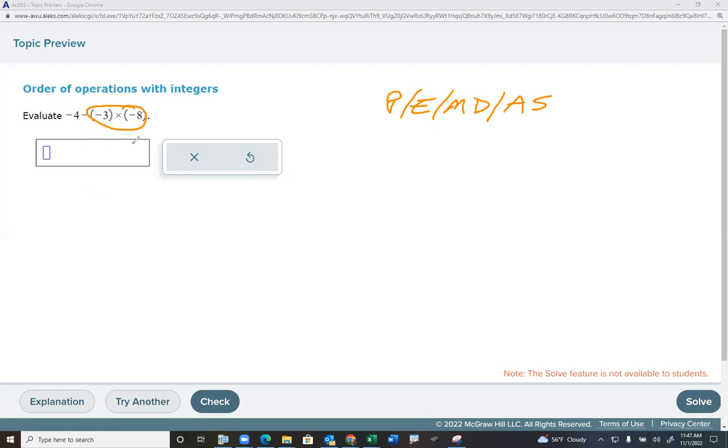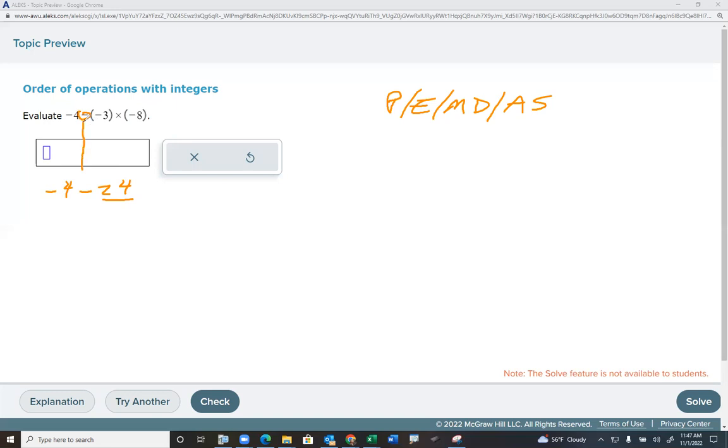So 3 times 8 is 24. The signs are the same, so it's a positive. Boom. Notice this guy out here, though, he wasn't part of the multiplication. So he's still there. And of course, the -4 is still there as well. But the minus and the minus, they both yield a positive 24.